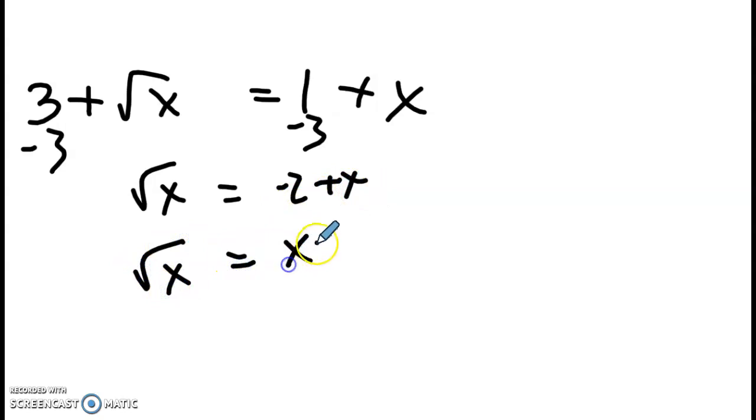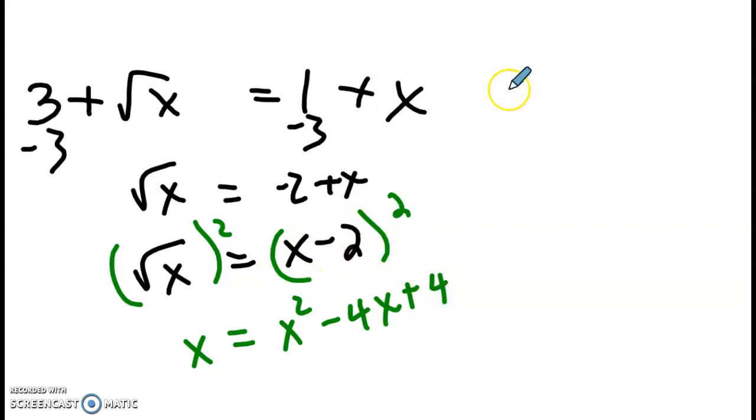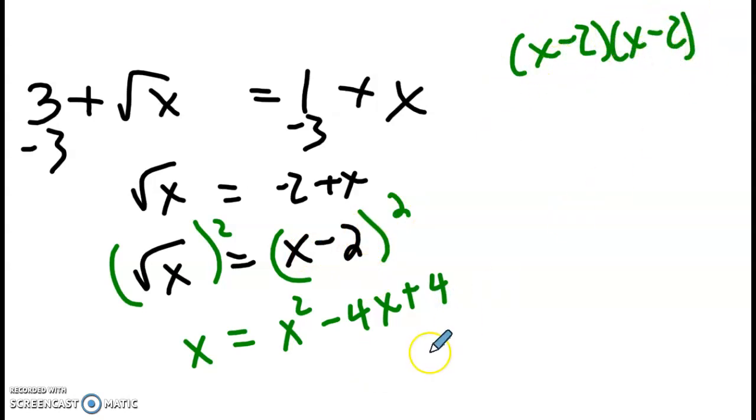I'm going to rewrite that as x minus 2 instead of negative 2 plus x. Then when I square both sides, I get x equals x squared minus, what would that be, 4x plus 4. When I do x minus 2 times x minus 2, x squared minus 4x plus 4.